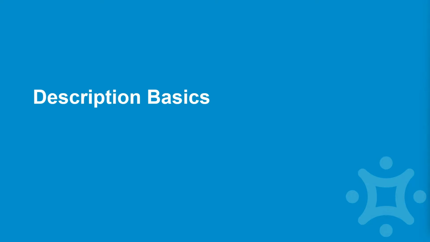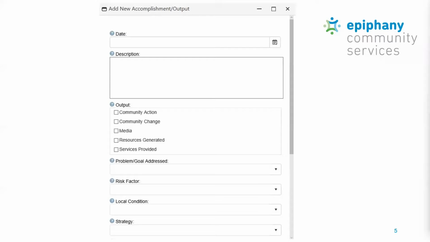So we don't like to put you guys into a standard box and say, this is how you have to do it. There are basics, obviously, we're going to get into in a second, that we like to say you start with. But of course, the way you write your descriptions makes the most sense for your coalition, for your data. So just always keep that in mind as we go through some of these today. So let's get into it.